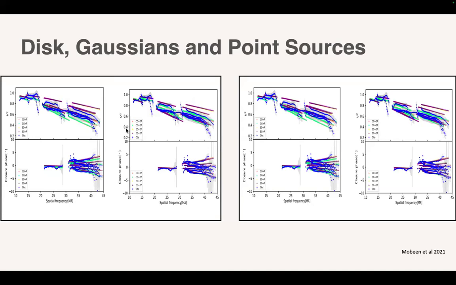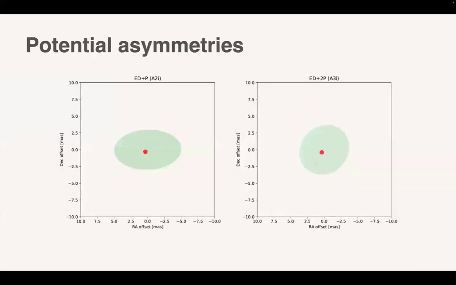So I'm showing you a lot of models. I used various combinations of disks, Gaussians and point sources. The Fourier transform of a disk is a Bessel function, for a Gaussian it's just a Gaussian, and for a point source it's just a flat visibility of 1.